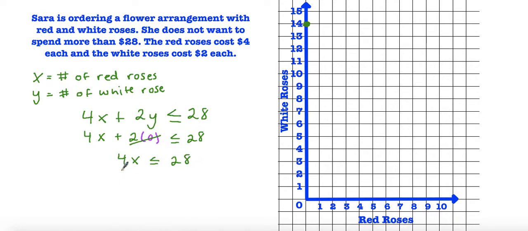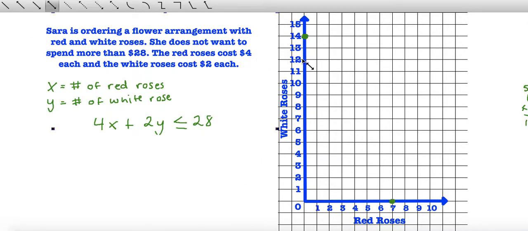And in order to get x by itself, we have to divide both sides by 4. So x is less than or equal to 7. So here our x-intercept is 7, 0. And because it's less than or equal to, we're going to have a solid line.